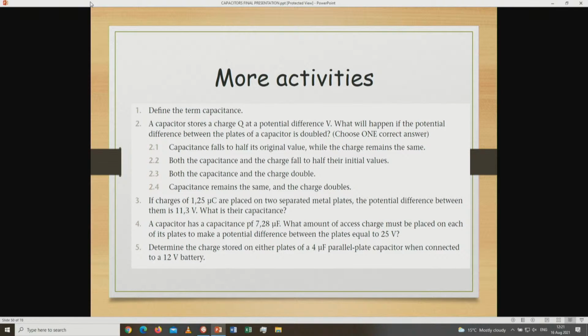Remember, the formula to calculate capacitance is C equals Q over V, charge over potential difference.